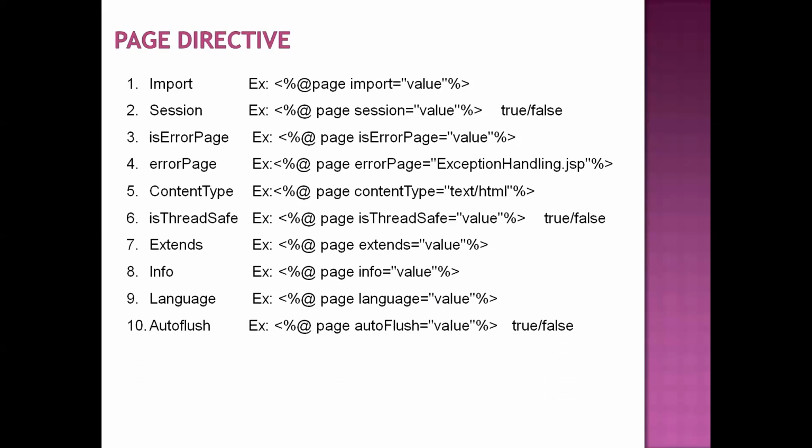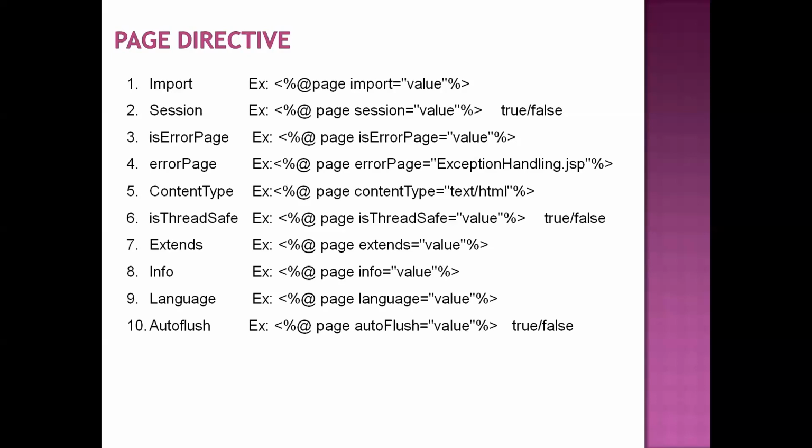Now see the next attribute, the autoFlush attribute. This autoFlush attribute also takes either true or false values. If it is true, it means that the buffer should be flushed whenever it is full.